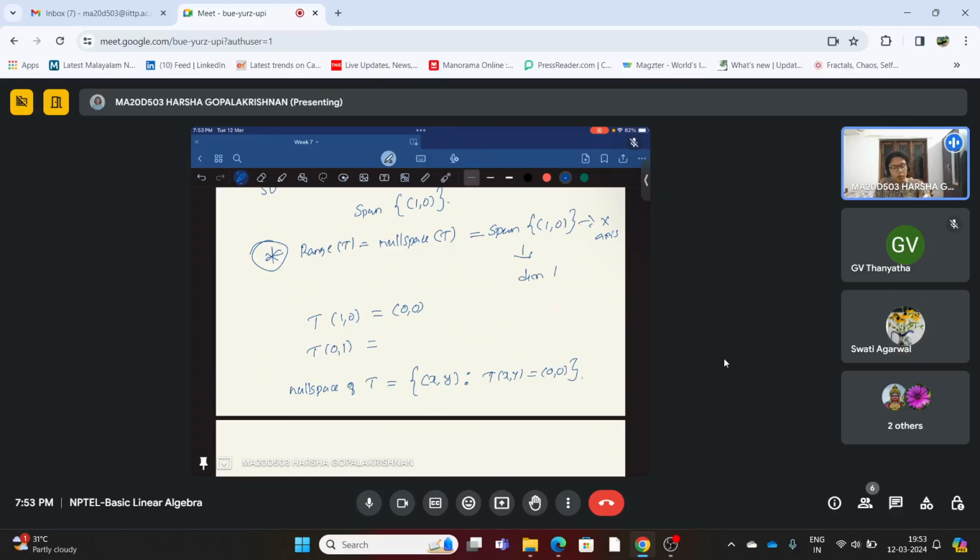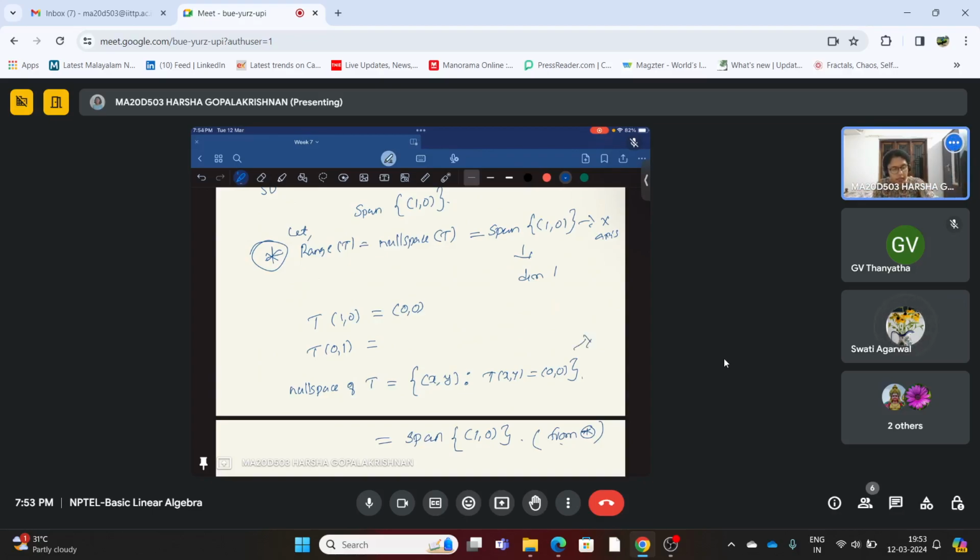Now, from star, it is given that this null space is the span of (1,0). What does this mean? This means T maps all elements in the null space to 0.